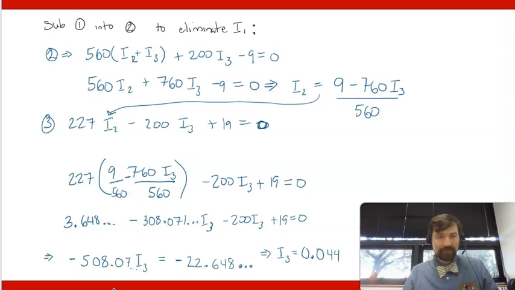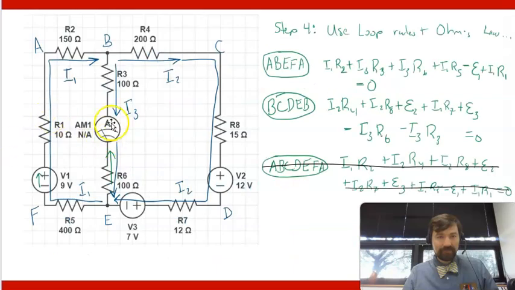So we'll call this 0.0446 amps. And that's actually kind of like the answer to how much current will be passing through this ammeter. And since it's a positive number, it means I've drawn I3 going in the correct direction in my diagram.